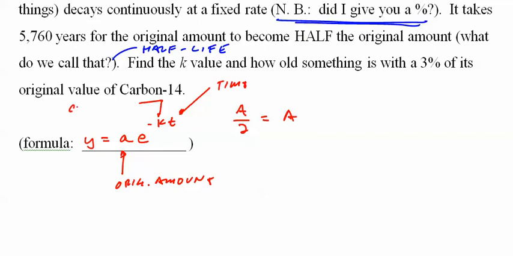And k is a constant, depending on what we're using. So for carbon-14, once you figure it out, you don't have to do it again. E to the negative k times apparently 5,760 years will get us half.